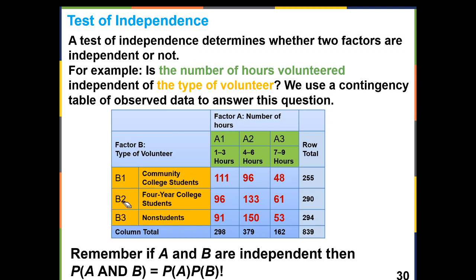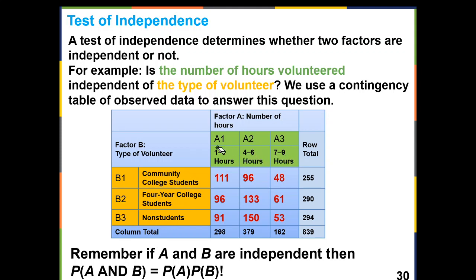This variable is the type of volunteer, and we have volunteers coming from community colleges, four-year colleges, and non-students. And this variable is the number of hours that people volunteered, and that has three levels: 1 to 3 hours, 4 to 6 hours, 7 to 9 hours.